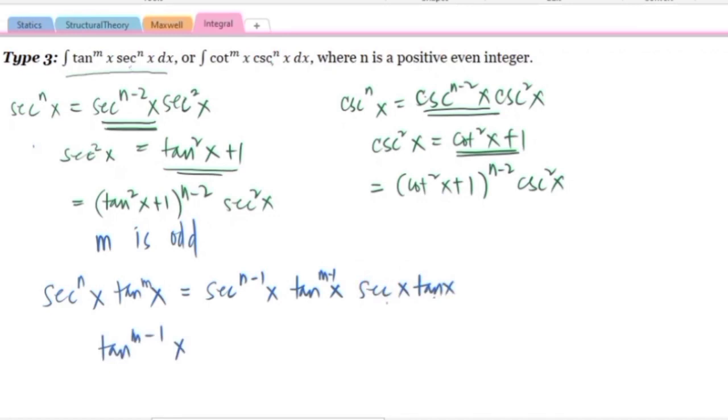So, ang mangyayari, itong tangent m minus 1 ay magiging even na siya kasi nag-minus 1 tayo.